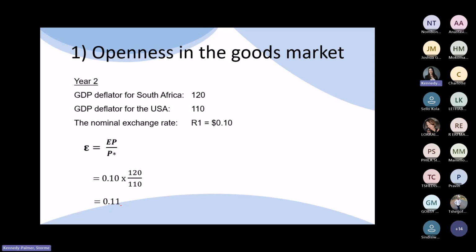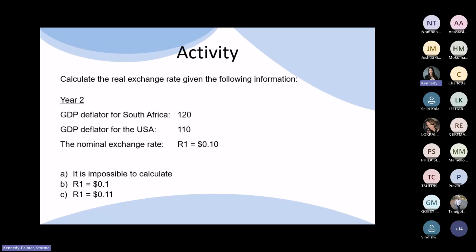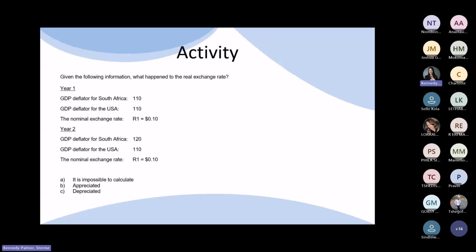Does that make sense, how the two elements come in, the domestic and foreign price level, as well as the nominal exchange rate? Okay, I see a thumbs up there. Please stop me if you are unsure. This is the same example. So the correct option is C in this case. Now we're asked to indicate what happened to the real exchange rate.